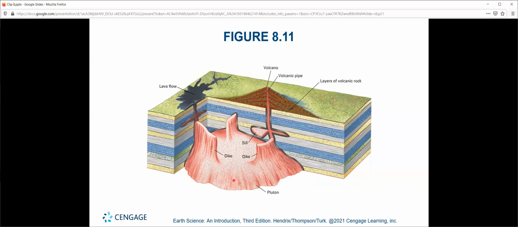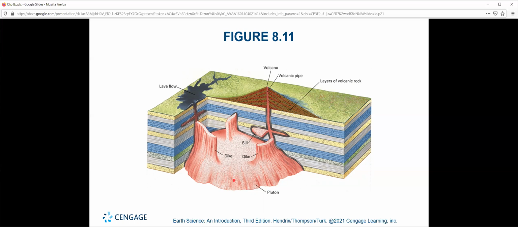It wants to go someplace. It's held under pressure. So if that fluid material happens to find itself and dig itself out a crack between rocks, say in a limestone or something like that, or what have you, it's going to travel into that particular crack.